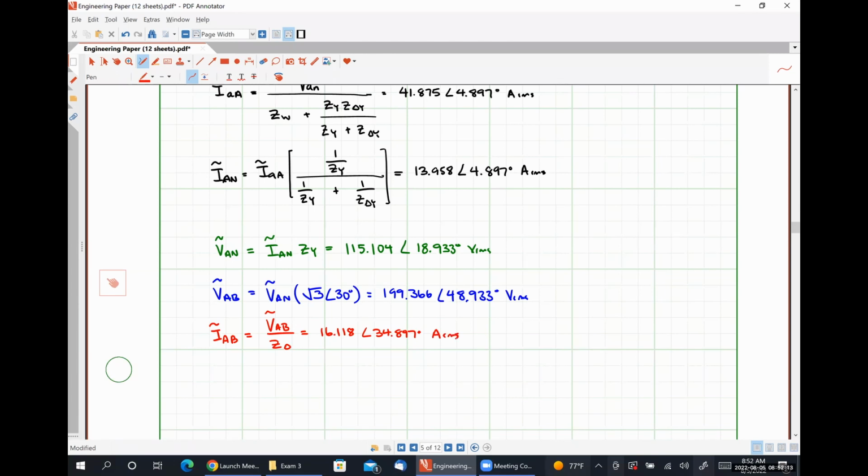So that's one way that we could solve for that phase current IAB that we're looking for, based on the results of our single phase equivalent circuit analysis.